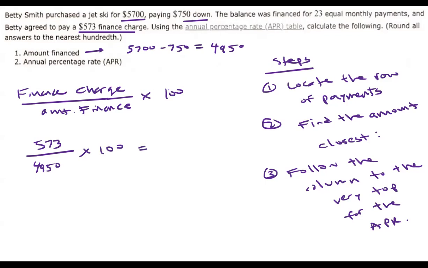So when we put this in the calculator, we should get 11.58. So this is the number we need to look for in the chart, 11.58. All right, so I have a different chart here, because each chart is going to vary depending on the amount.